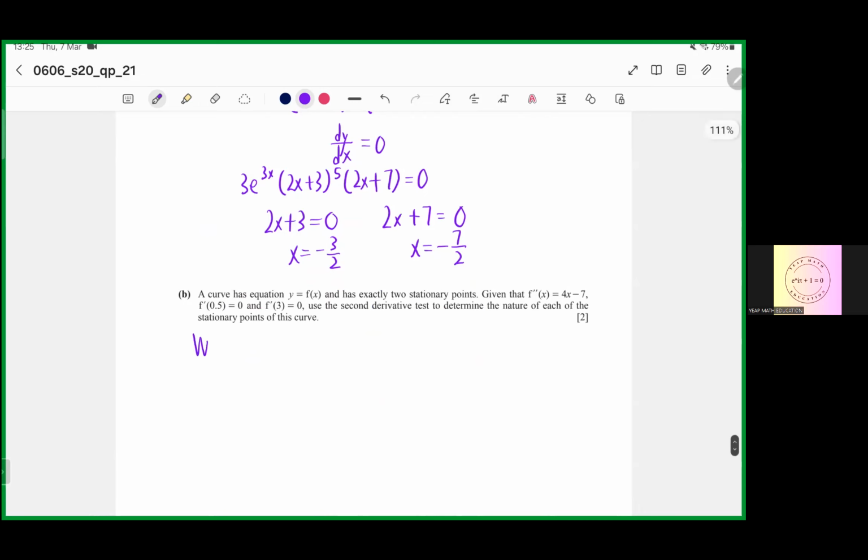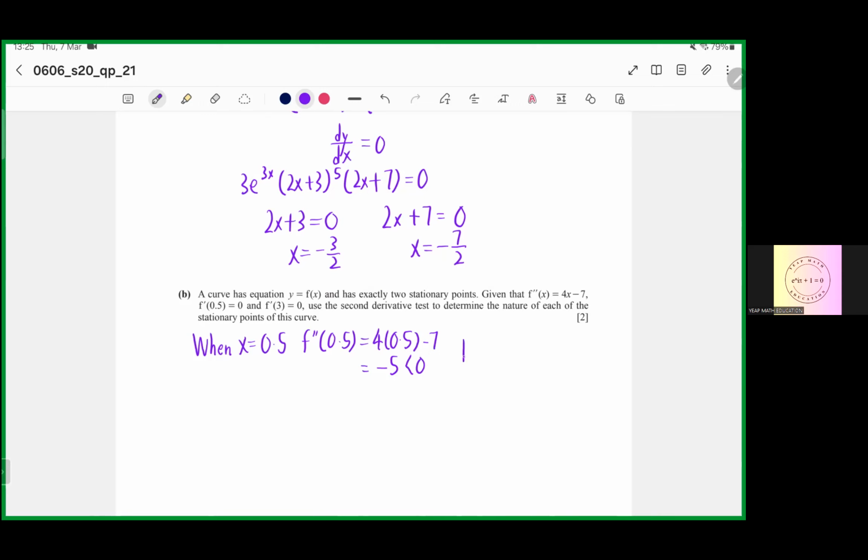Okay, as we know, when x equals 0.5, we take 4 bracket 0.5 minus 7 equals negative 5, less than 0.